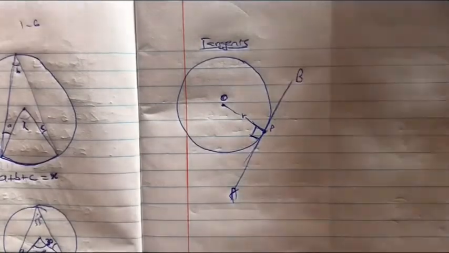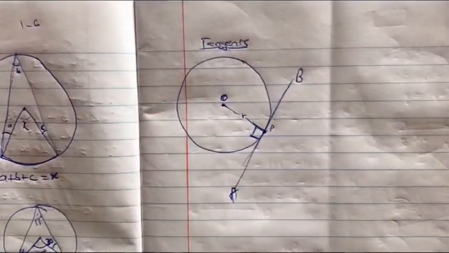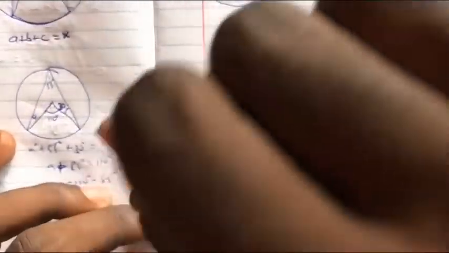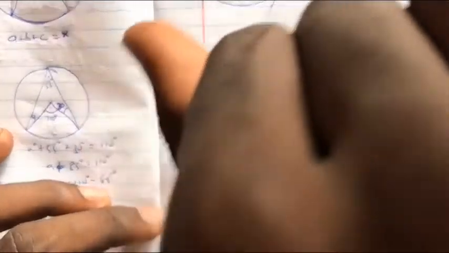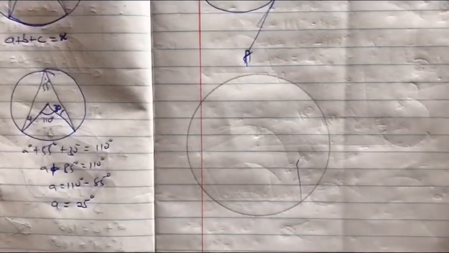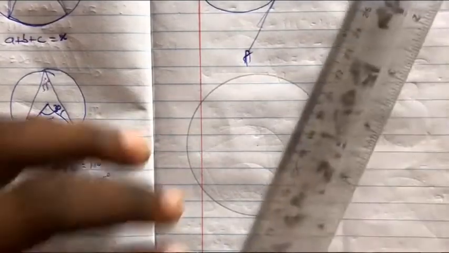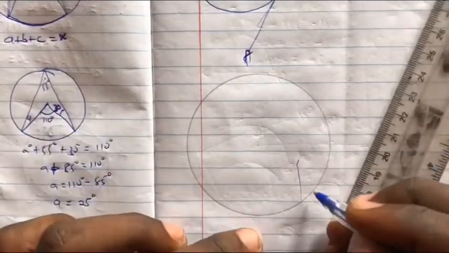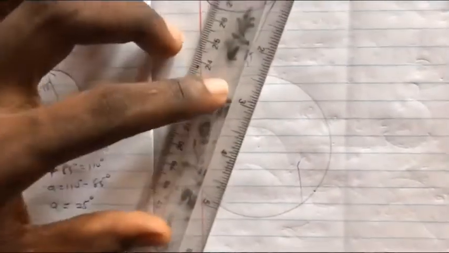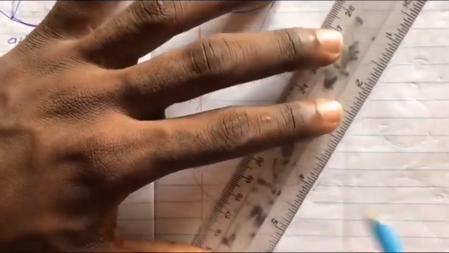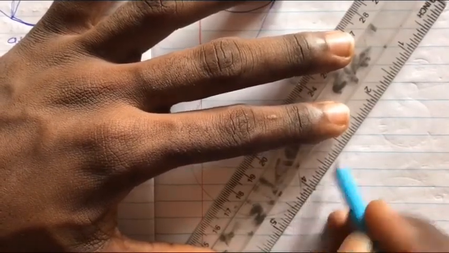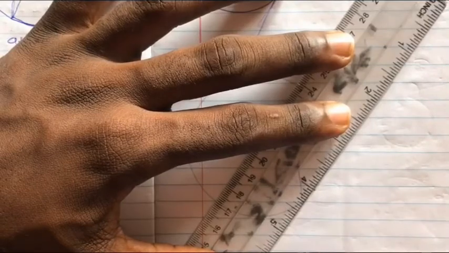I can draw. So you can draw a circle, okay? So this is my circle, and let me draw a tangent. The point should be here. So I draw a tangent to the circle at this point.